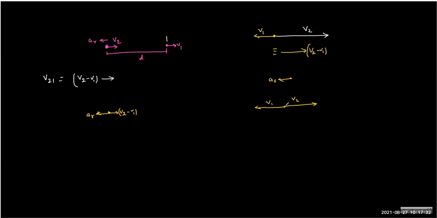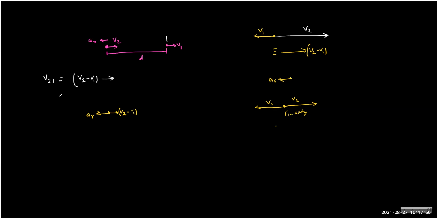So finally V2 and V1 will be the same, and therefore what is the V final?